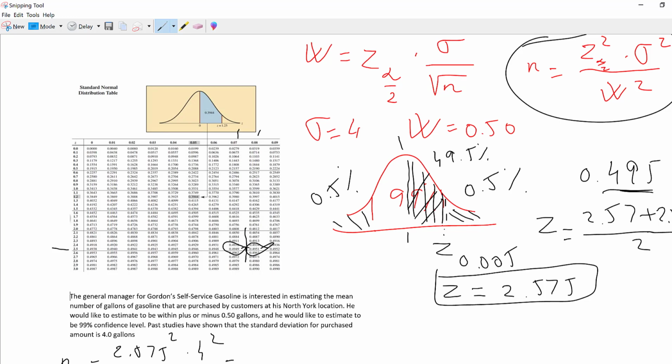If we plug in our calculator, we have a value of 424.36. Always round up to the higher integer. So we have 425 gallons per customer.